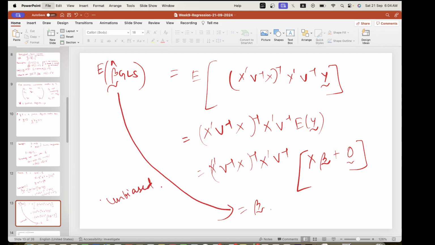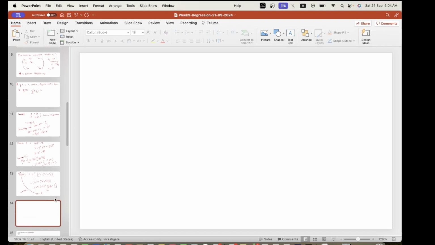Now since we have the expectation, we'll also calculate the variance of beta hat GLS. That would be X transpose X inverse into sigma square I. So here we have GX transpose GX inverse into sigma square.